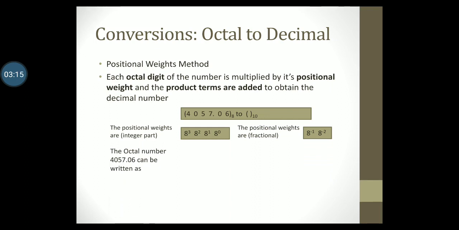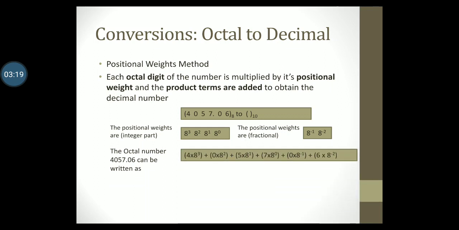Therefore, the octal number can be written as 4 into 8 raised to 3 plus 0 into 8 raised to 2 plus 5 into 8 raised to 1 plus 7 into 8 raised to 0 plus 0 into 8 raised to minus 1 plus 6 into 8 raised to minus 2.